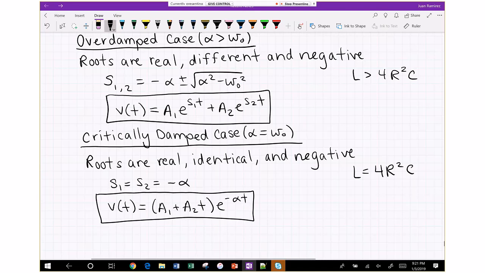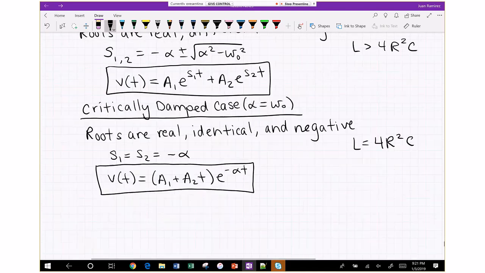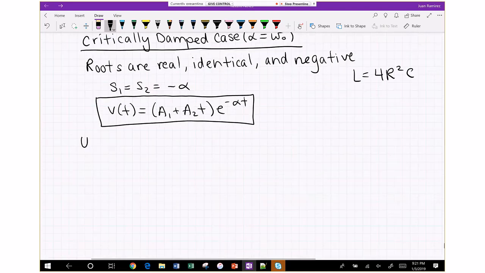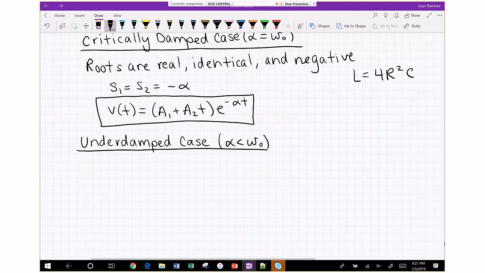Now let's take a look at the underdamped case. So underdamped means the damping factor is low. It's less than the natural frequency. Right? Damping means that we're quickly slowing down that energy transfer between the inductor and capacitor.